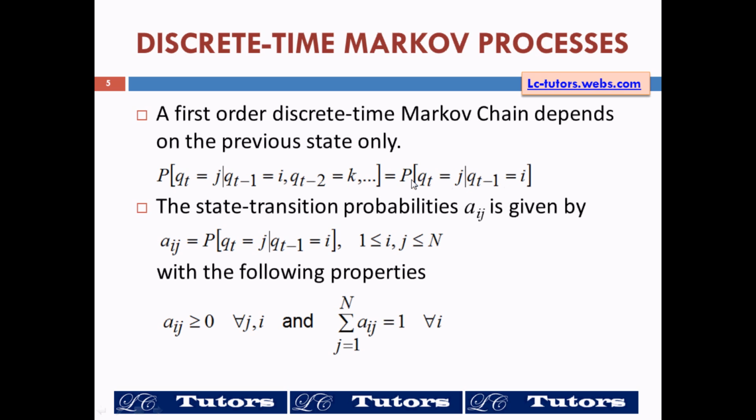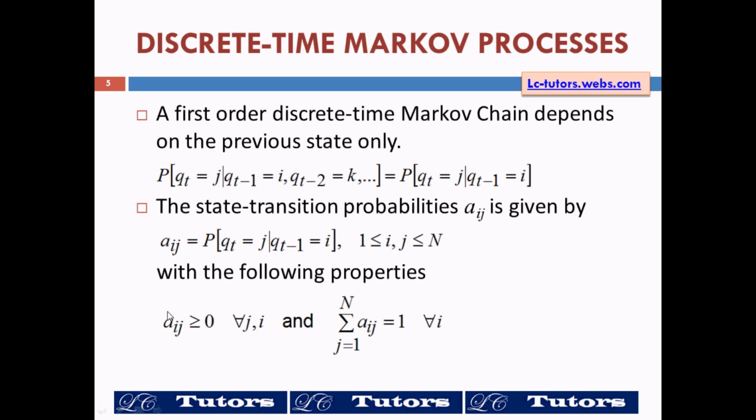So we can also write probability of j given i. j is the current state, i is the previous state. The state transition probabilities aij are given by aij equals probability of qt equal to j given qt minus 1 equal to i, for all i and j between 1 and N, with the following properties.